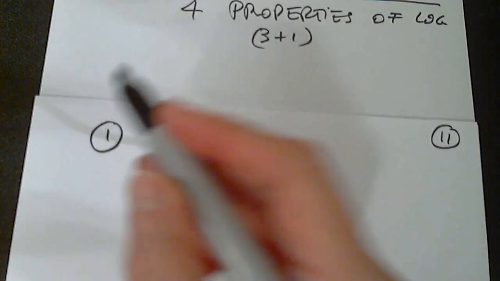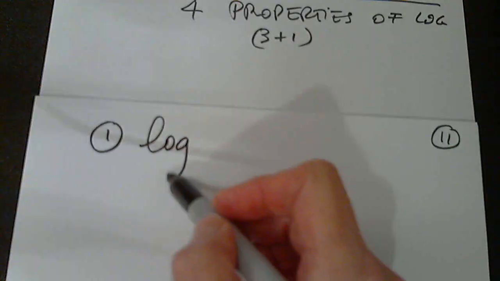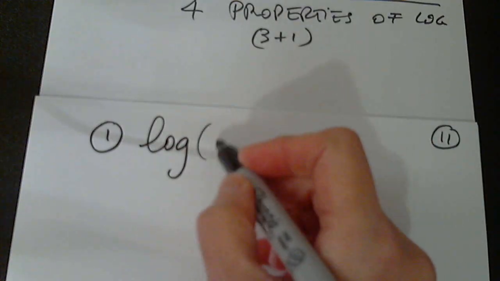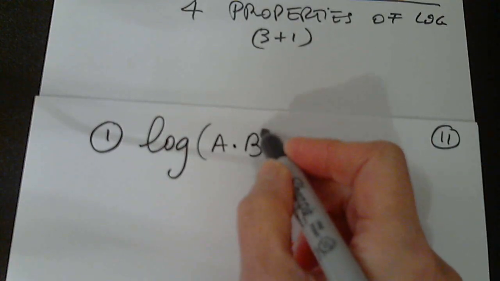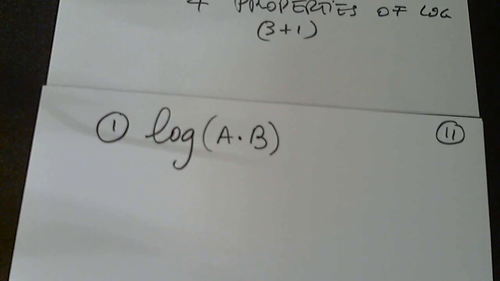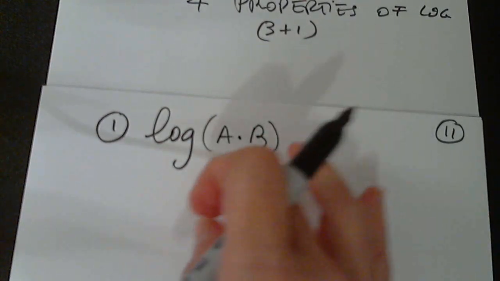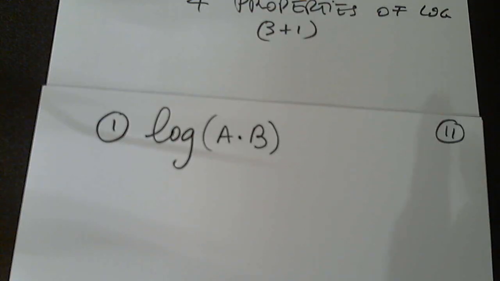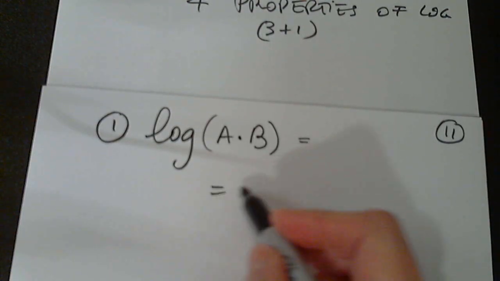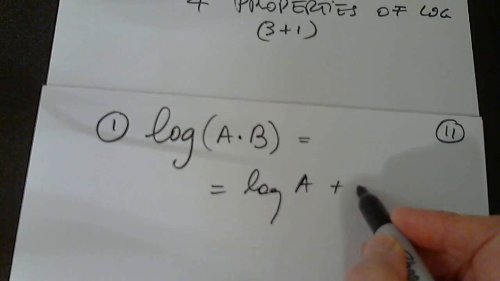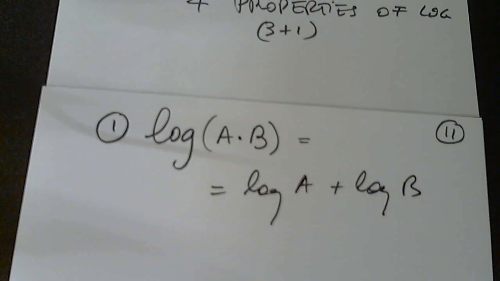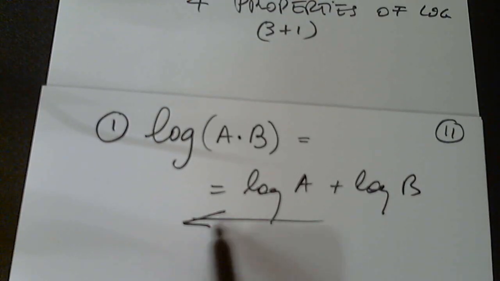Number 1. If I have log in any base of a product, x times y, 2 times 5, any product, this converts into a sum of logs and backwards as well.